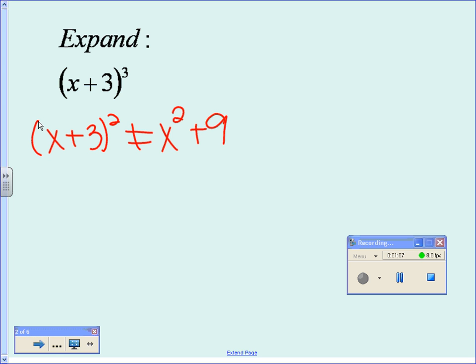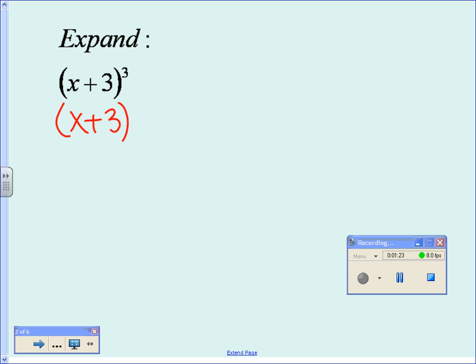Why are they not equal? You can't just square each of your terms. That's not what that's saying. Does that make sense? So you have to do x plus 3 times x plus 3 times x plus 3. It will not be x cubed plus 27. Does that make sense? Why you have to do it 3 times?